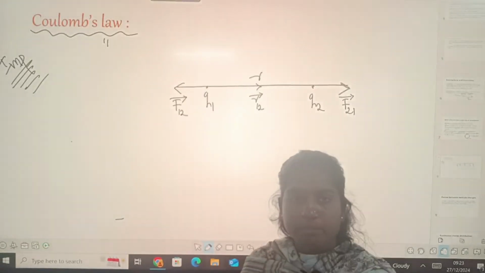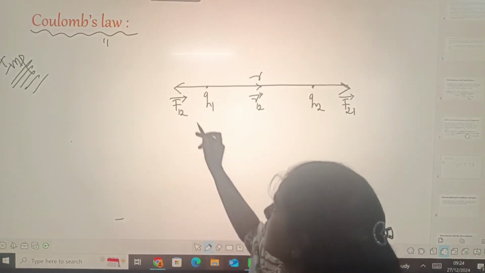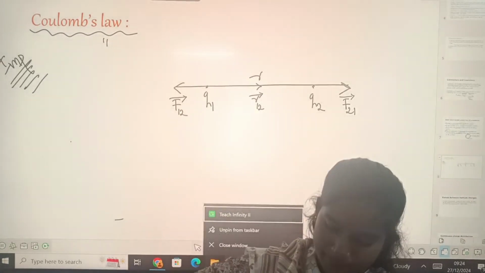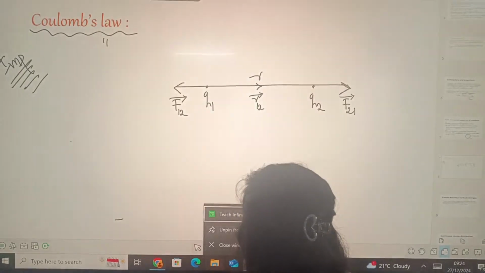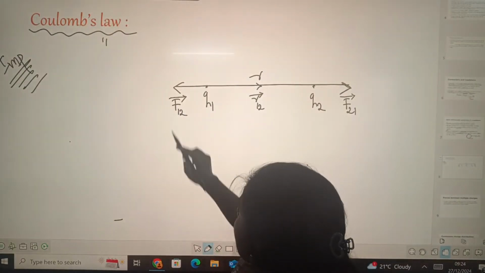The bar on top of F is written because it is a vector quantity. To write a vector, we denote it with a bar on top of the force.